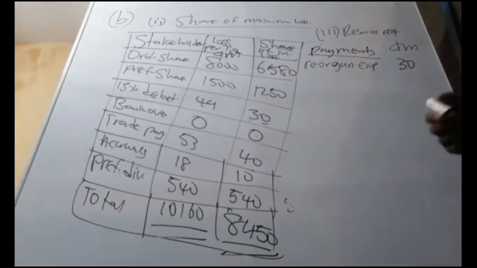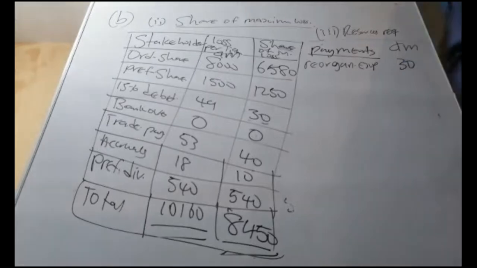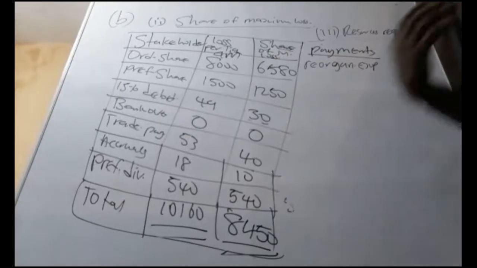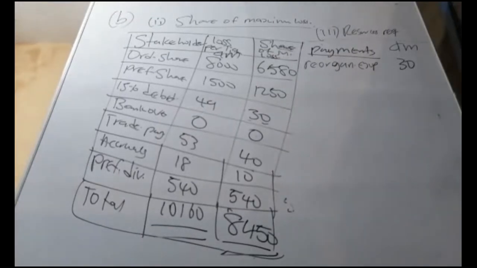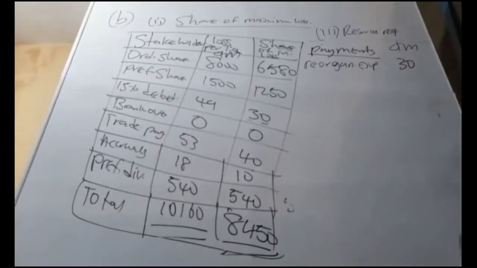Now you have to pay it. So all the payments, because we are designing a turnaround strategy, what are the debts that you are likely to pay in the reconstruction? Our appeal to you is that please, try. How many current liabilities do you have in the question? There are 3: bank overdraft, trade payable, and accruals.